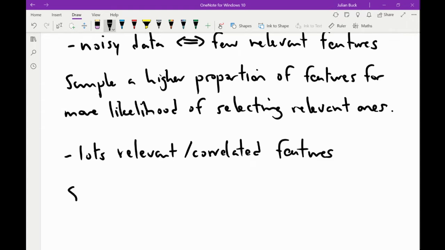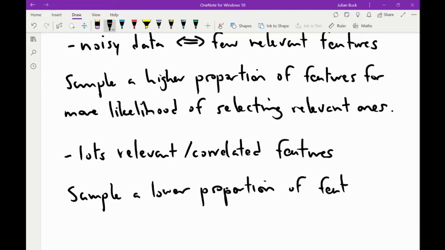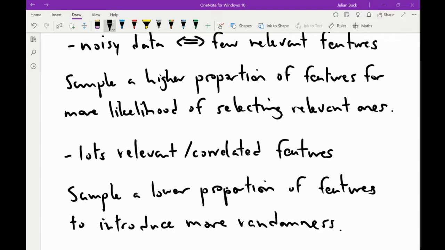Sample a lower proportion of features to introduce more randomness. You'd have essentially a similar kind of problem to tree correlation, where the same splits are showing up over and over again in the trees, and so you might want to avoid that.